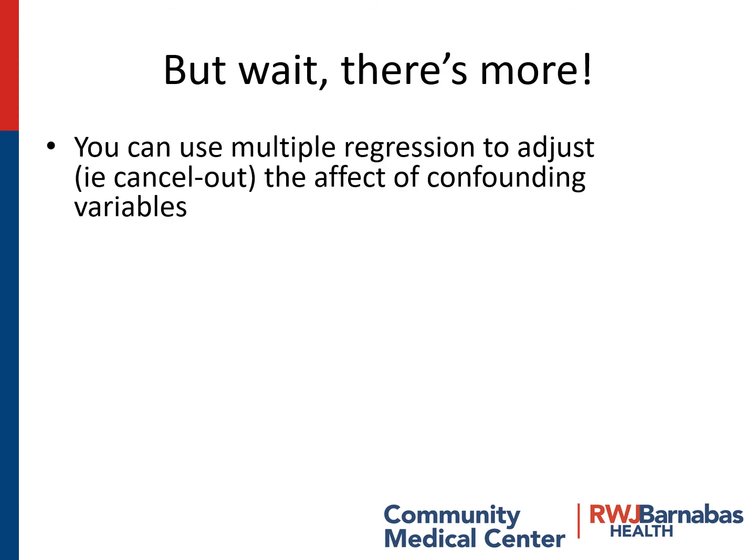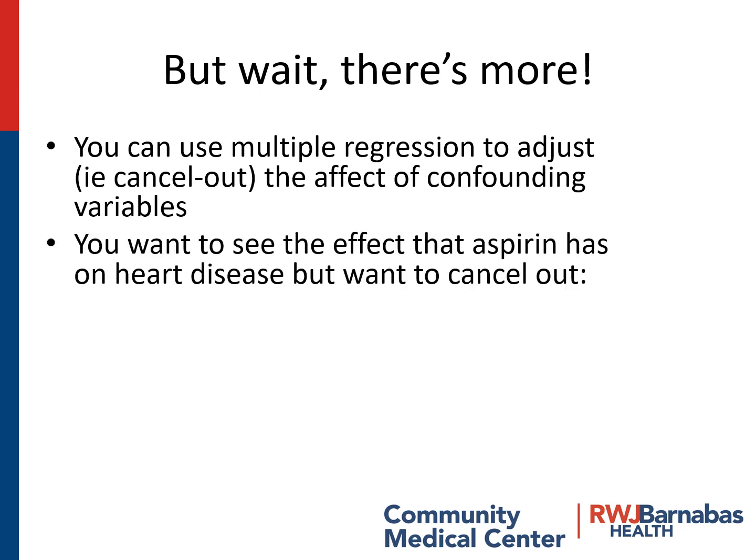And there's one more trick regression brings to the table. You can use multiple regression to adjust for the effect of confounding variables. A lot of time when you see a paper report, we use regression to adjust for confounding variables, this is precisely what they're doing. They're canceling out the effect that those confounders have on the input that they're examining.